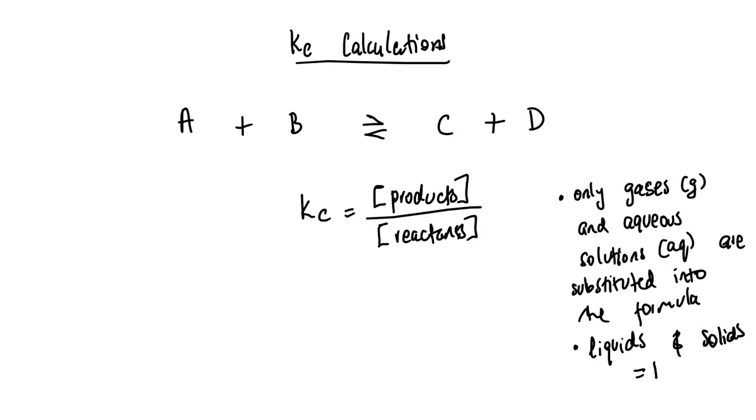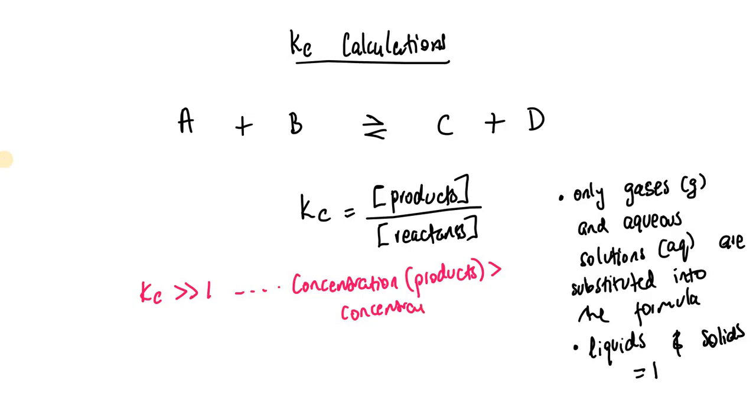Now we did also mention that the value of Kc does tell us some stuff. If your value of Kc is bigger than 1, usually it's much bigger than 1, hence we use 2 arrows. This means that at equilibrium the concentration of products is going to be greater than the concentration of reactants.